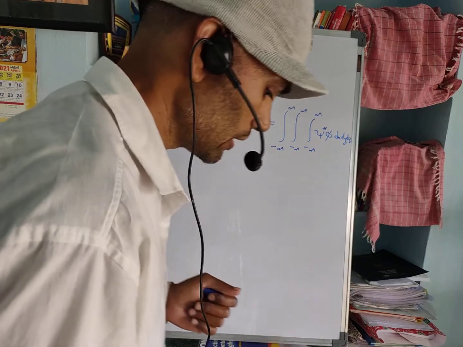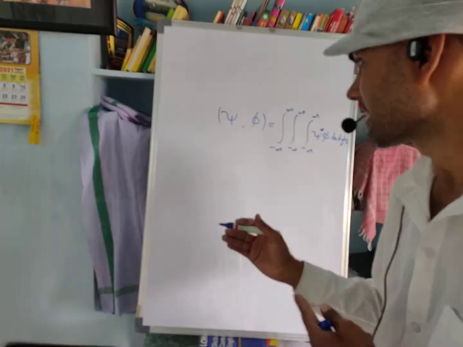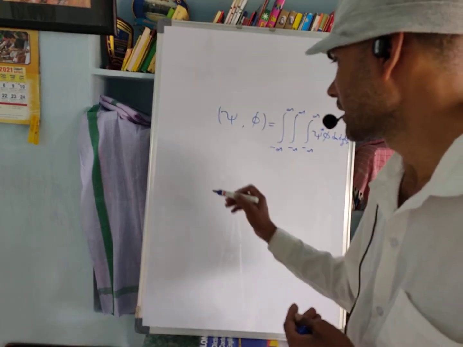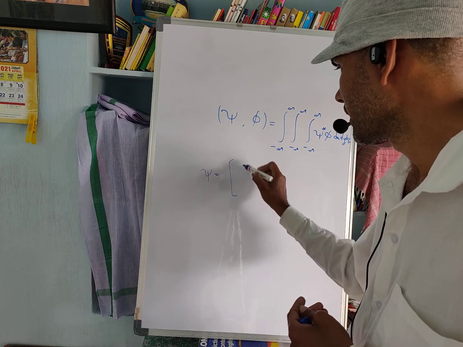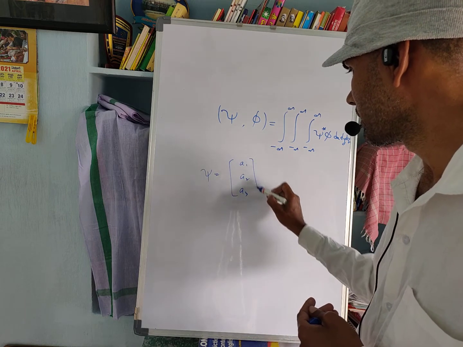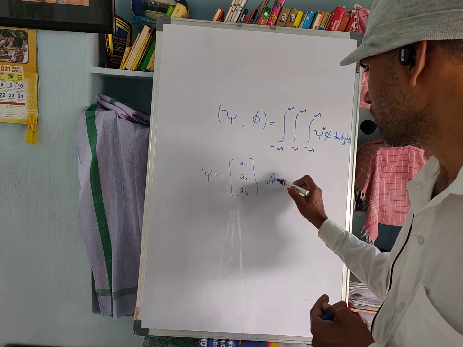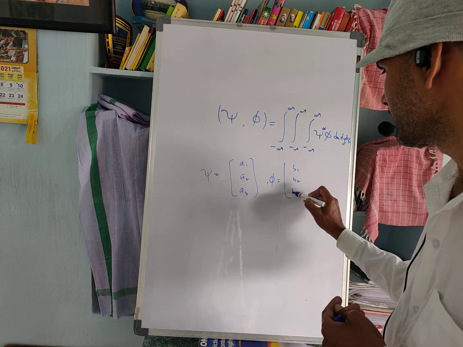In case we have the states represented as vectors, let me say that psi could be something like a1, a2, a3, and phi involves b's, like b1, b2, and b3.